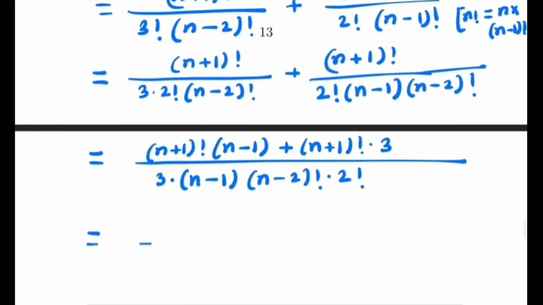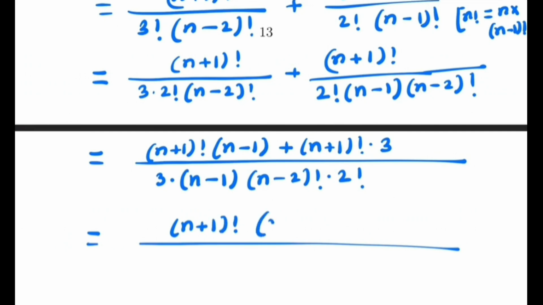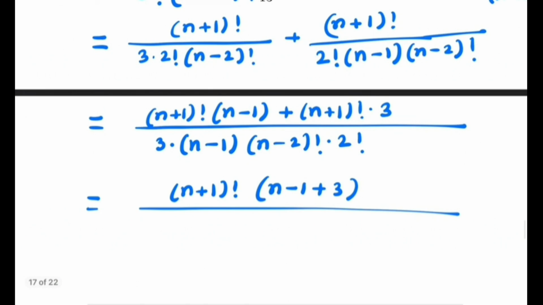So now take common n plus 1 factorial from numerator. So n plus 1 factorial into n minus 1 plus 3. And the denominator we can write it as 3 into 2 factorial and n minus 1 into n minus 2 factorial.